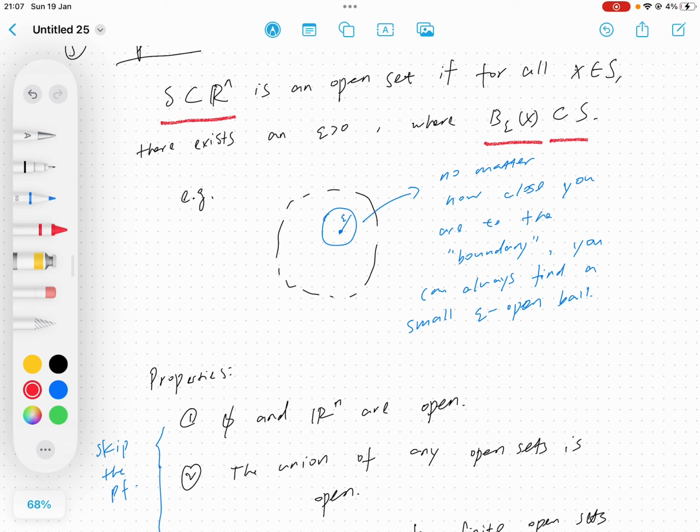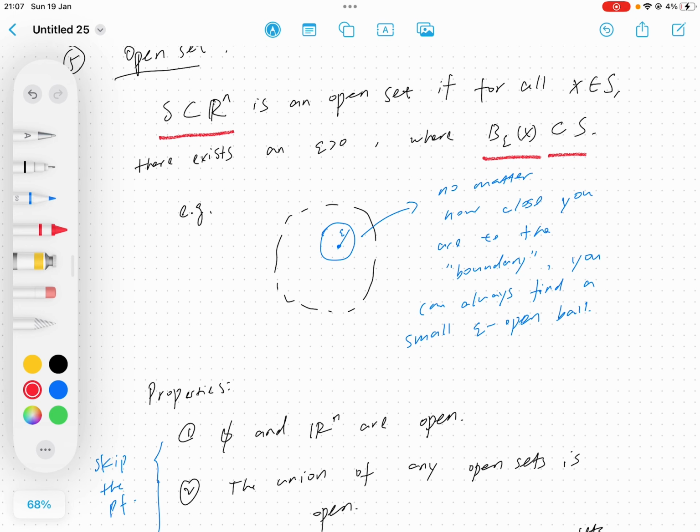Intuitively, here we have a little figure to help us understand this further. We have this dashed line as the so-called boundary, but that's because we cannot reach the boundary, right? It's open. By the definition, there exists such an epsilon, so we can always draw a circle or a ball around this point x.